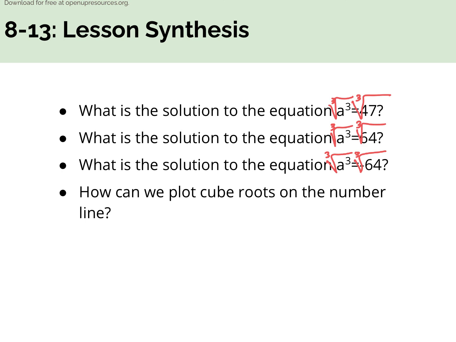Yes, and the answer is negative 4, because negative 4 times negative 4 times negative 4 gives negative 64. This is the only time we can have a negative answer with roots: with the cubed root.